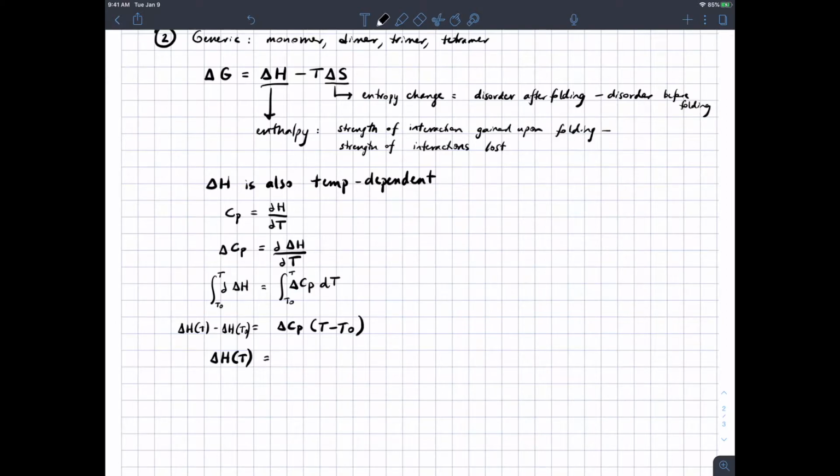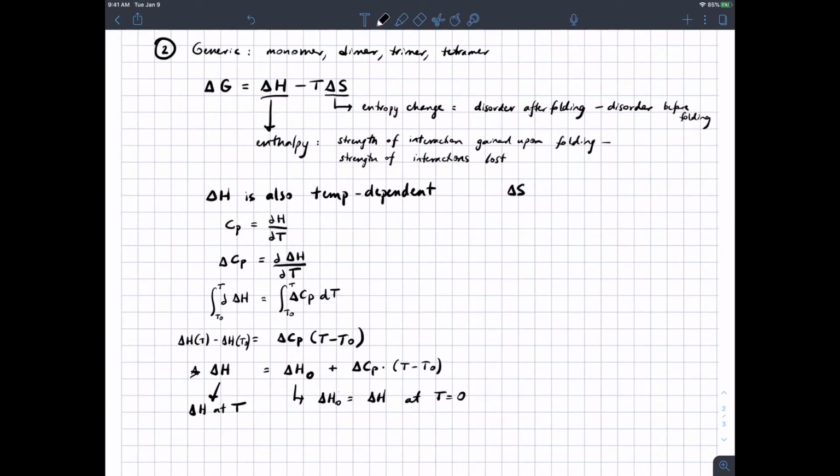Delta H as a function of temperature equals delta H at T0 plus delta Cp times T minus T0. All right. So that's delta H as a function of temperature. We're going to just erase this and replace the T0 in parentheses with just delta H0, so you can use this expression for enthalpy.